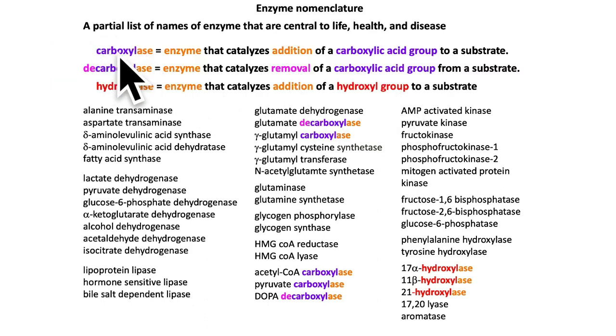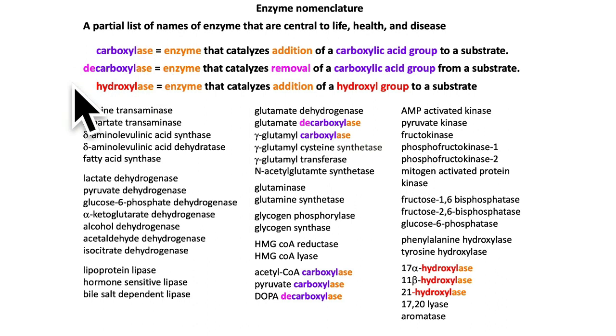A carboxylase is an enzyme that adds a carboxylic acid group to a substrate. A decarboxylase, I'm hoping you say, wow, this is pretty simple. You don't need to memorize anything, the name tells you. It catalyzes the removal of a carboxylic acid group from a substrate.